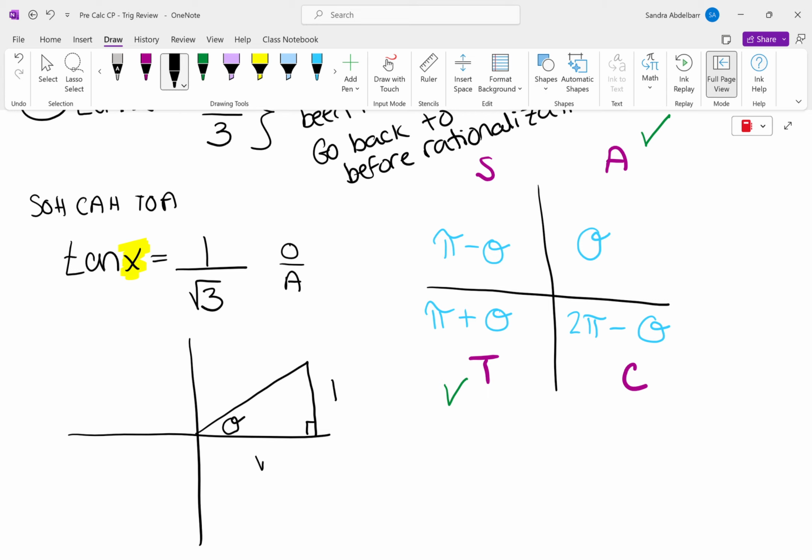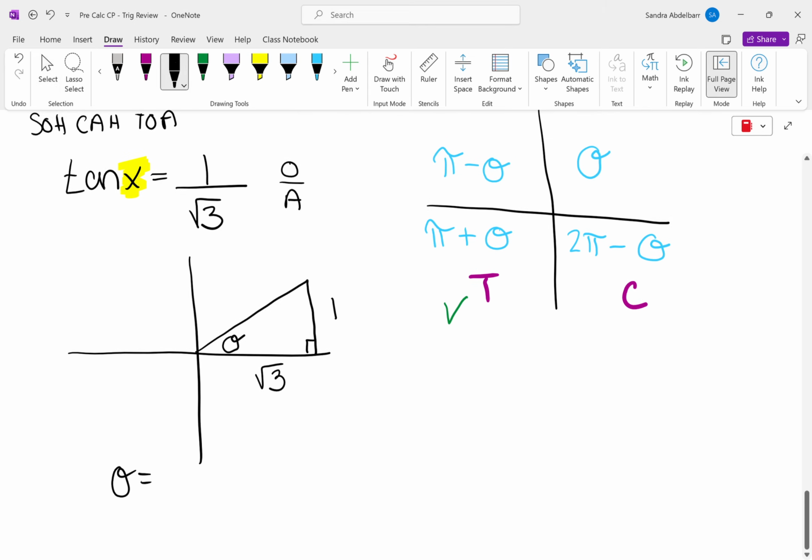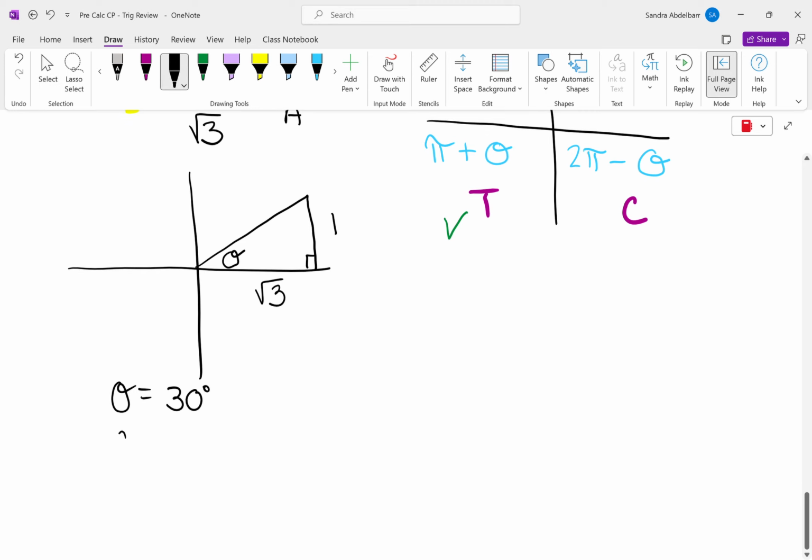So that means opposite theta is 1, adjacent to theta is 3. Based on how I label things, what angle does theta have to be? Theta is 30 degrees, but I want 30 degrees as radians. So then theta is pi over 6.